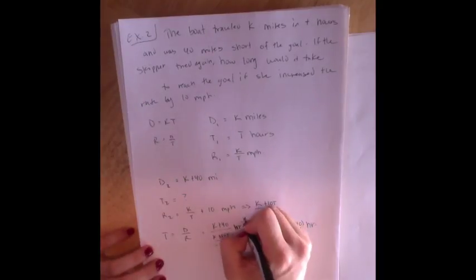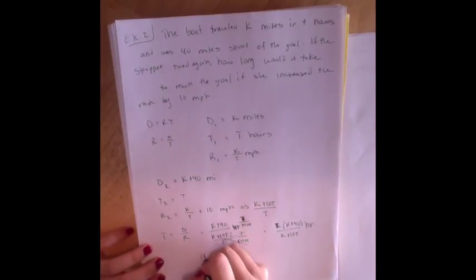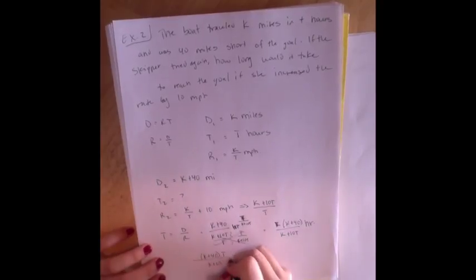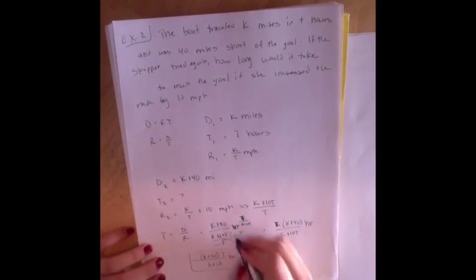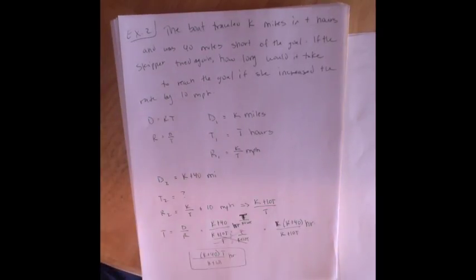Oh, sorry, this is k plus 40 times t over k plus 10t hours. Sorry, this is t in the numerator here.